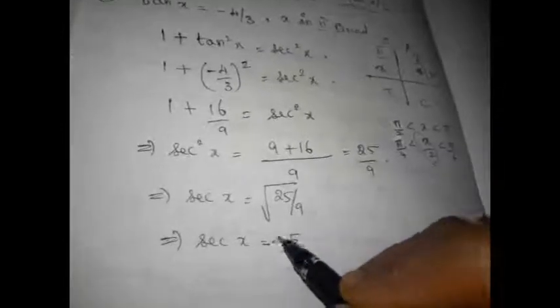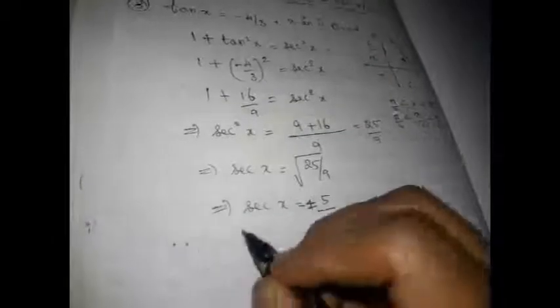Now look at the sign of this secant x. Now x lies in which quadrant? Second quadrant. In the second quadrant, only sine and its reciprocal are positive. See, when it comes to square root, obviously we will have plus or minus, right? Secant x is plus or minus 5 by 3. We need to choose the sign.